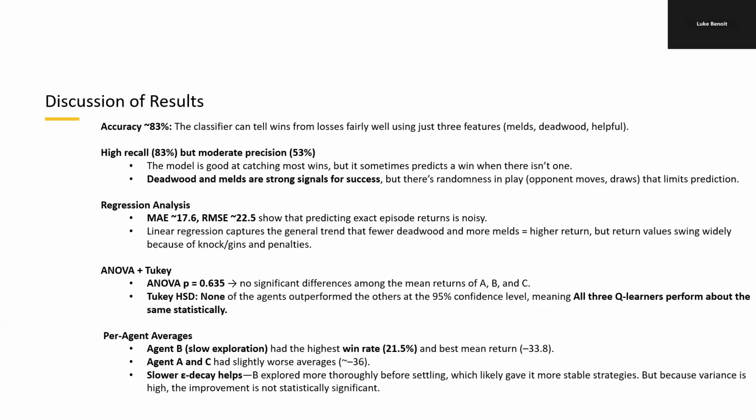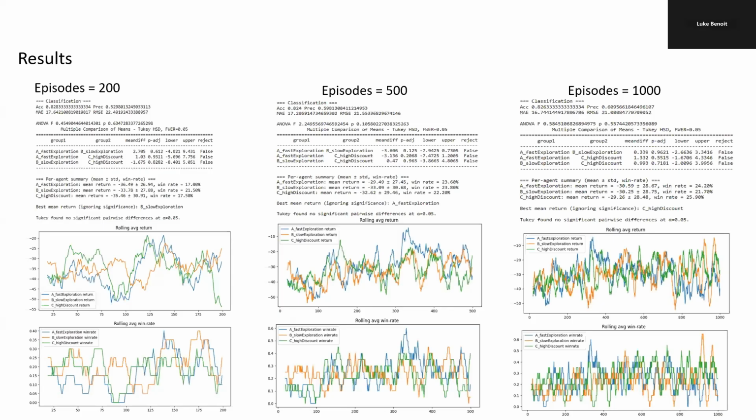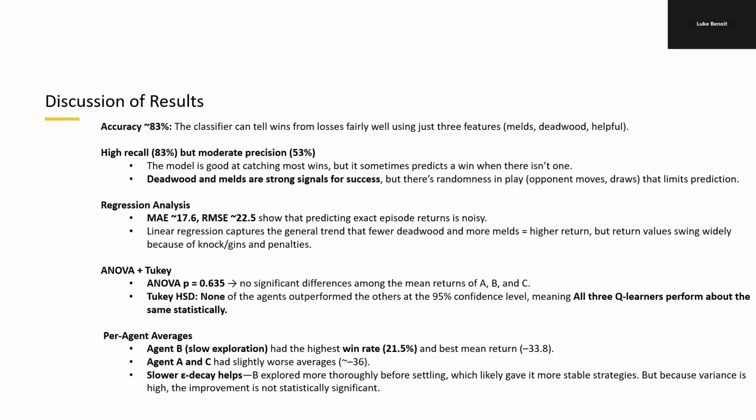And for the per-agent averages, agent B had the highest win rate, slightly, as we saw here. We had a slightly higher win rate at 200 episodes, but then as we get to higher episodes, we actually have C that becomes higher. But relatively, again, they stay fairly constant. And again, these numbers come from episodes equals 200.